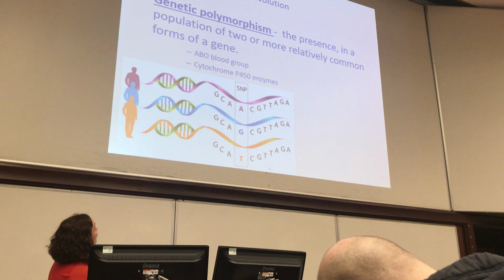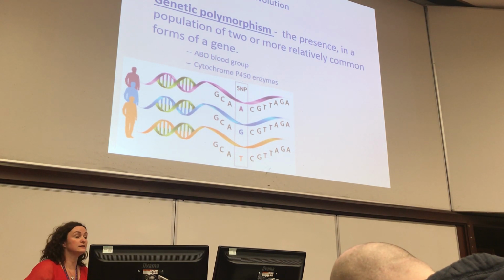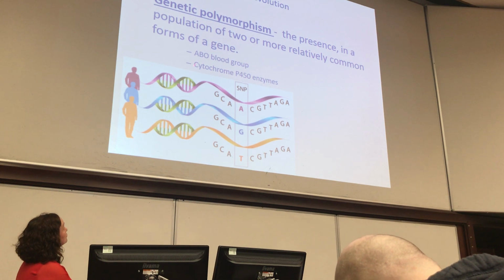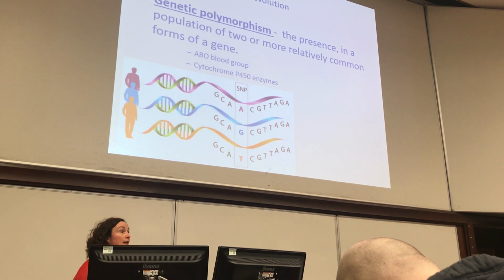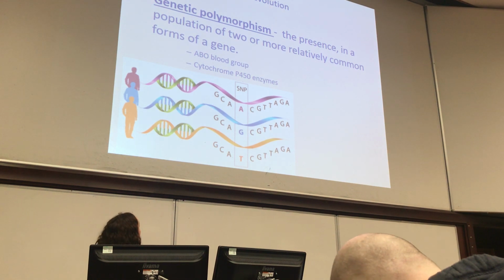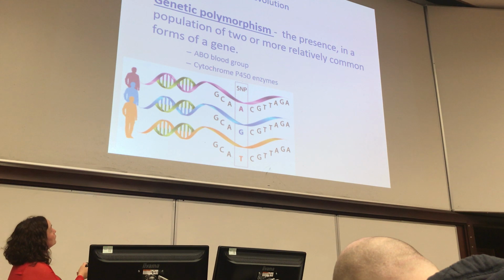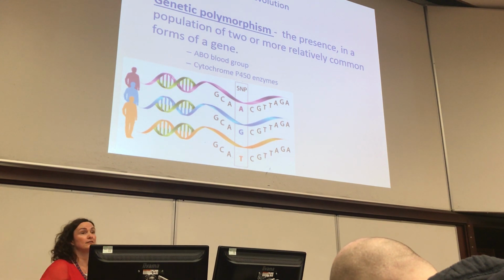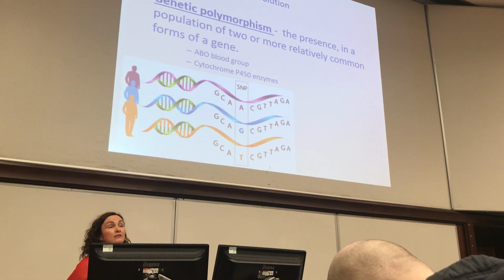And two common examples are the ABO blood group, and as you can imagine, you've got three different forms of the gene. It's either A, B, or O. And then we've got cytochrome P450 enzymes. They're involved in metabolism. Many, many different types of genes.